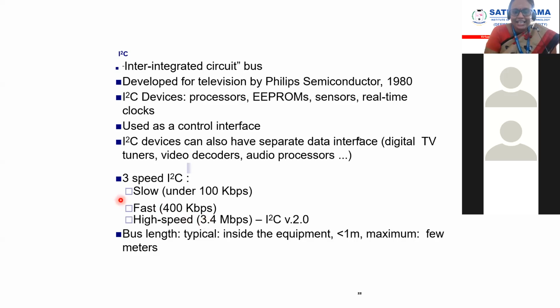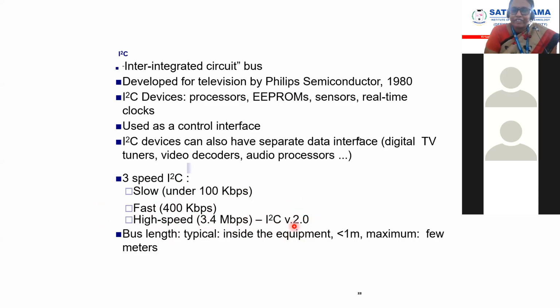But I2C has three speeds: slow I2C at 100 kilobit per second, fast I2C at 400 kilobit per second, and high speed I2C at 3.4 megabit per second.